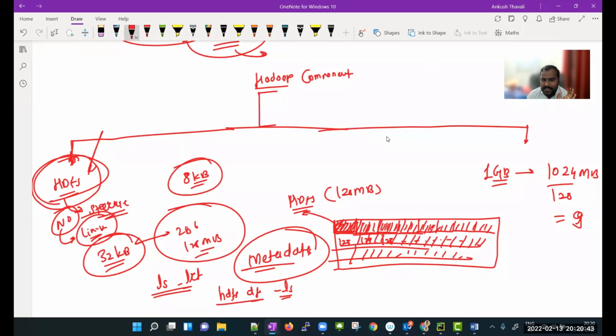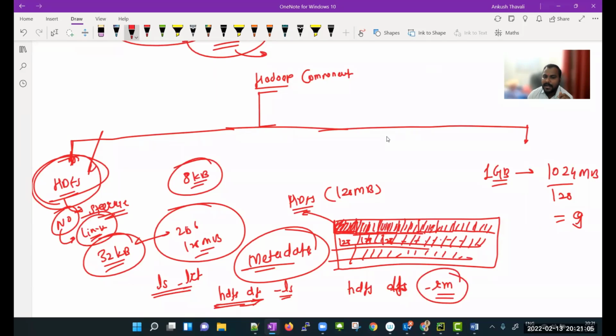What is this? This is just a prefix saying, boss, I'm using the Hadoop file system. So whenever you are using any Linux command in HDFS, you need to use this prefix, hdfs dfs. And let's say you want to remove, you need to use the rm command.